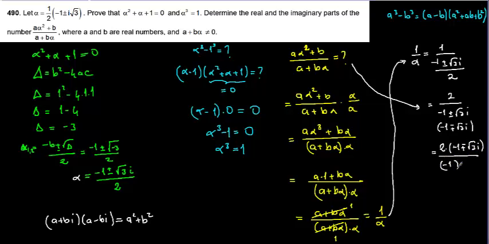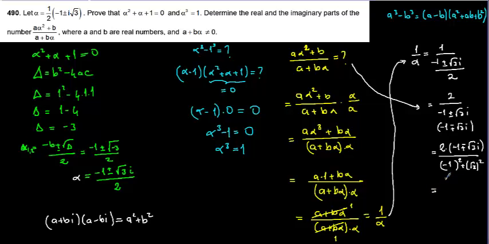minus 1 square plus root 3 square. Here I have written minus 1 square plus root 3 square, because when you multiply by the conjugate, a plus bi is the complex number and a minus bi is the conjugate of it, the result is equal to a square plus b square. So for both of them we are multiplying by the conjugate, the result is not going to change, it's going to be a square plus b square.